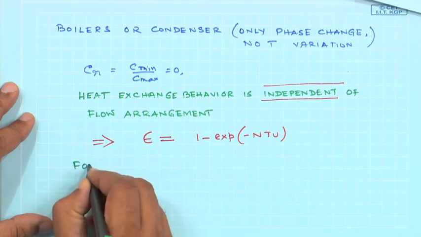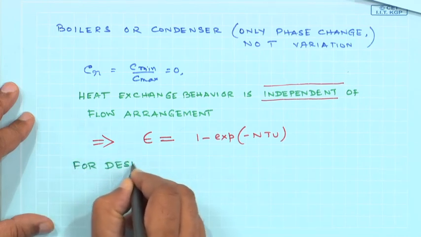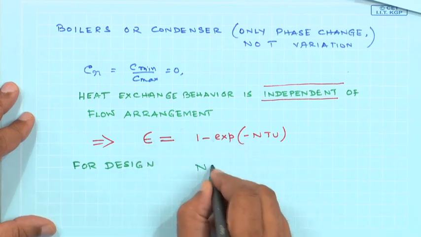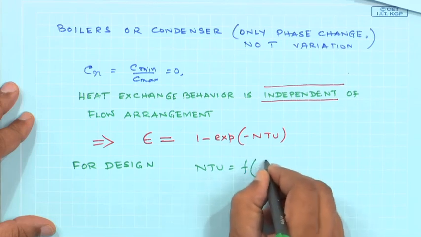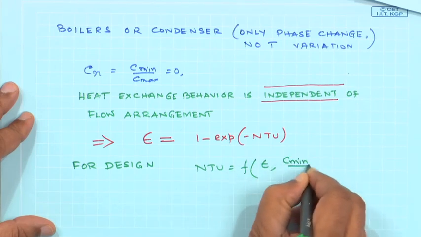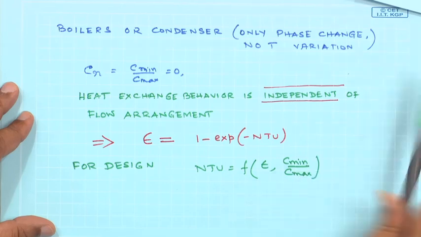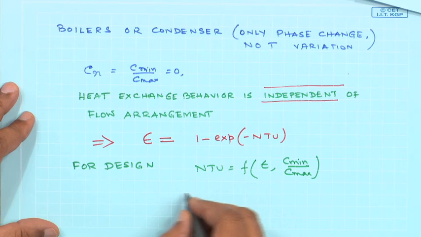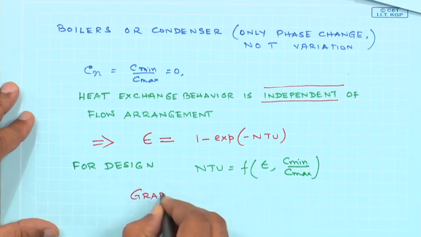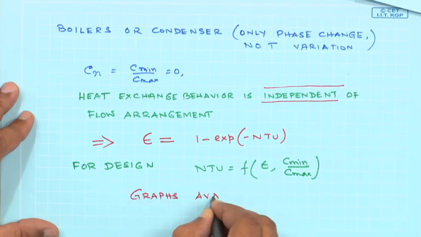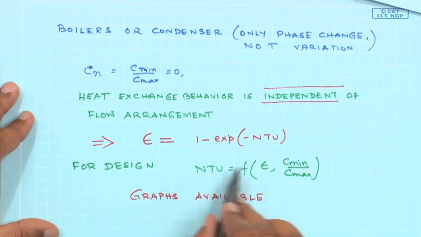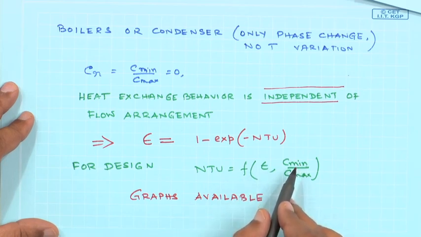Sometimes for design it is more convenient to have not epsilon as a function of NTU, but NTU as a function of epsilon and C minimum by C max. This has been solved for a number of flow geometries, for a number of situations, and there are graphs available which would give you the relation between NTU and epsilon for different values of C minimum by C maximum.